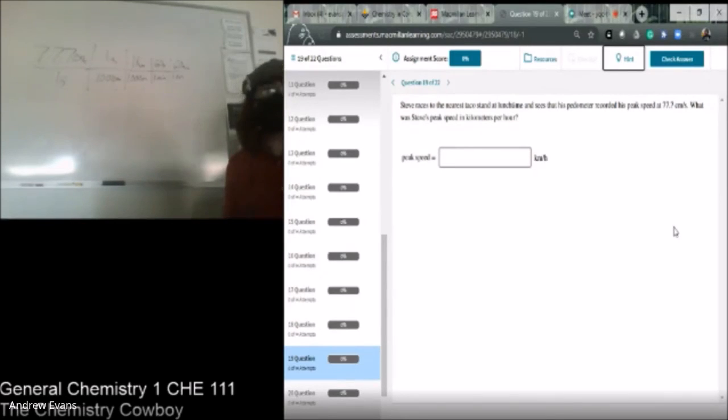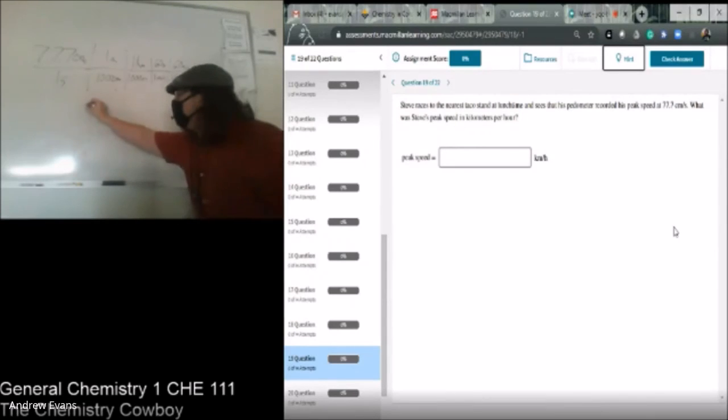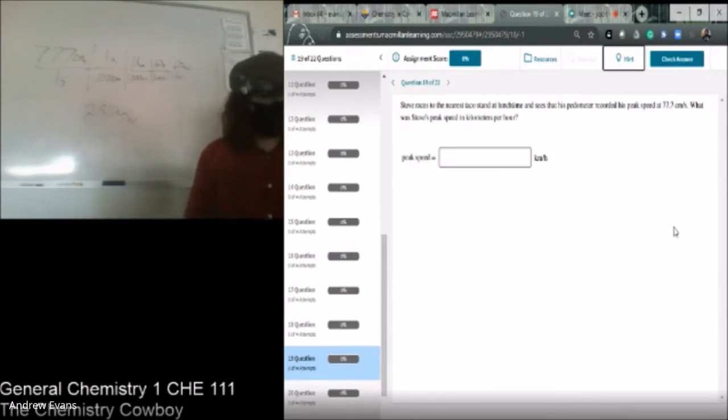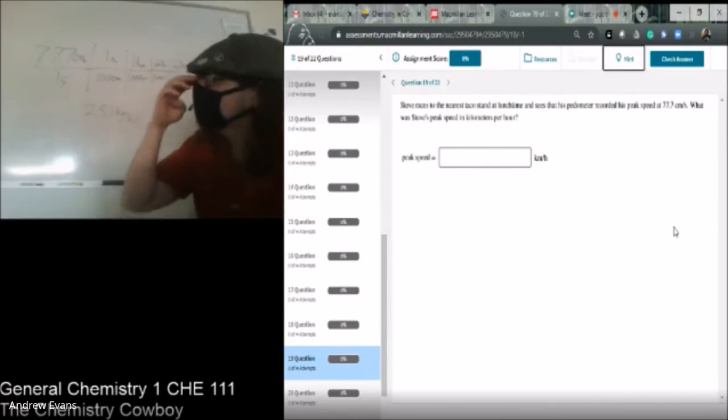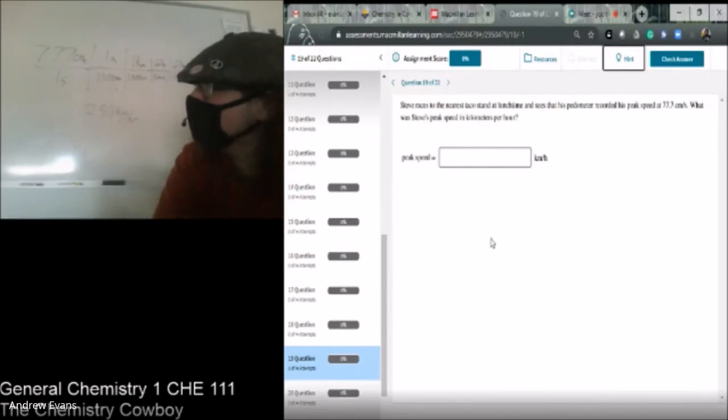My calculator wants to say 2.7972, but with 3 sig figs it is 2.80 kilometers an hour. So that's just a quick example of dimensional analysis in practice.